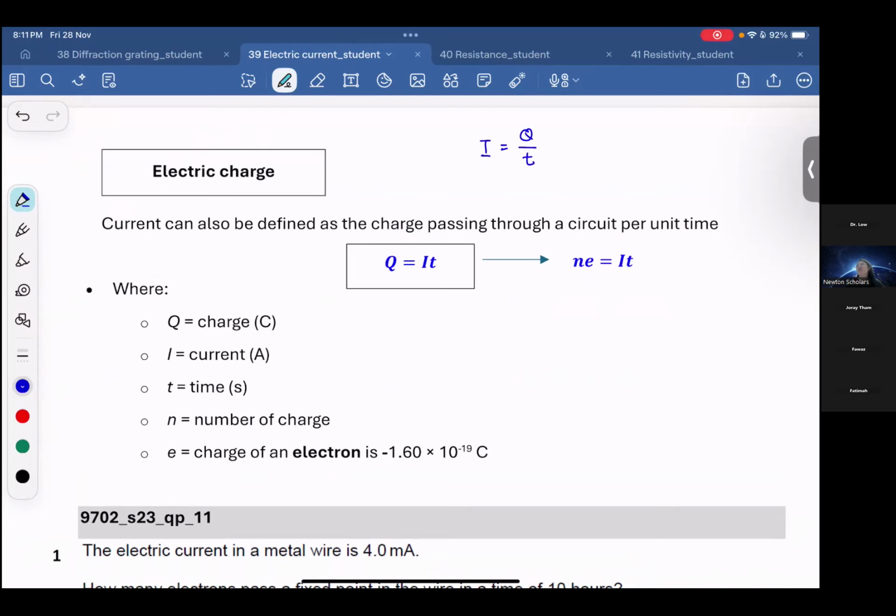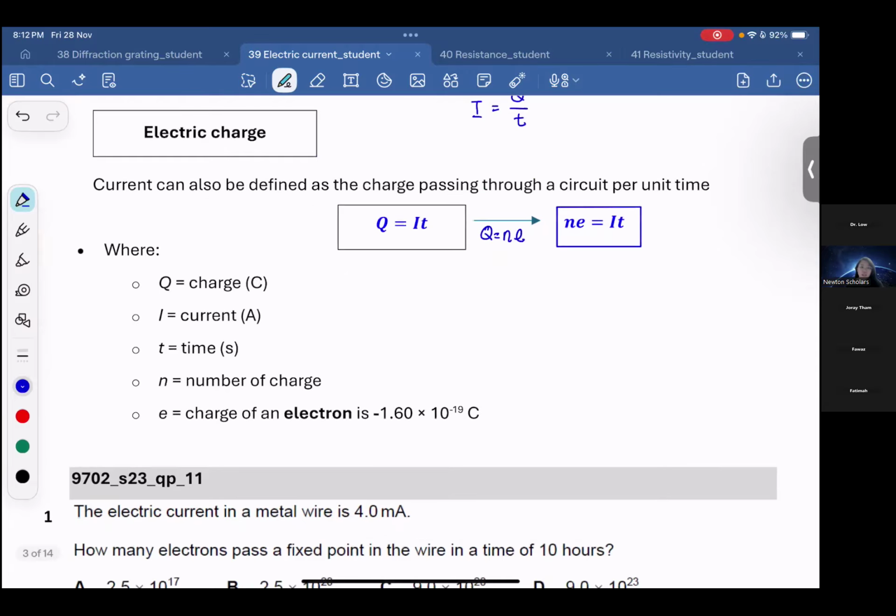If we rearrange, Q equals to IT, which we already learned in Year 10. Then what I want to emphasize is that we also learned Q equals to NE. So we can combine these two formulas. Sometimes they will ask questions using these two formulas together. Again, the charge of an electron you have to know.